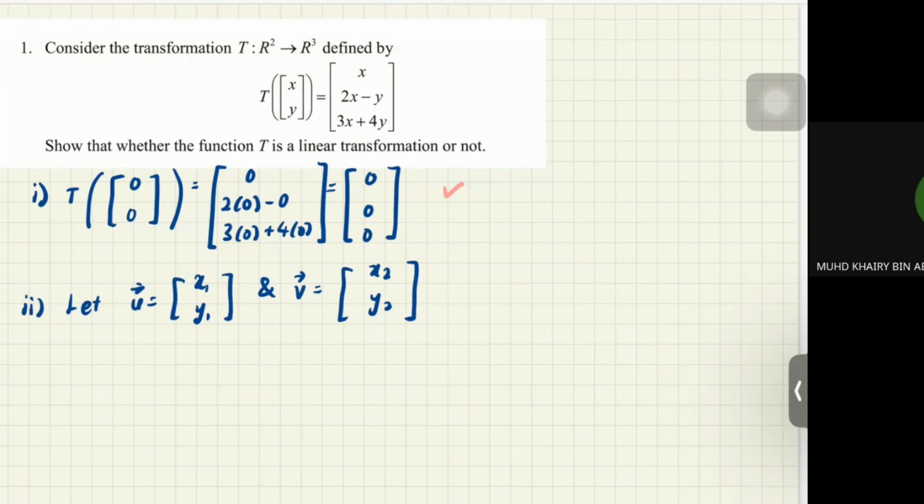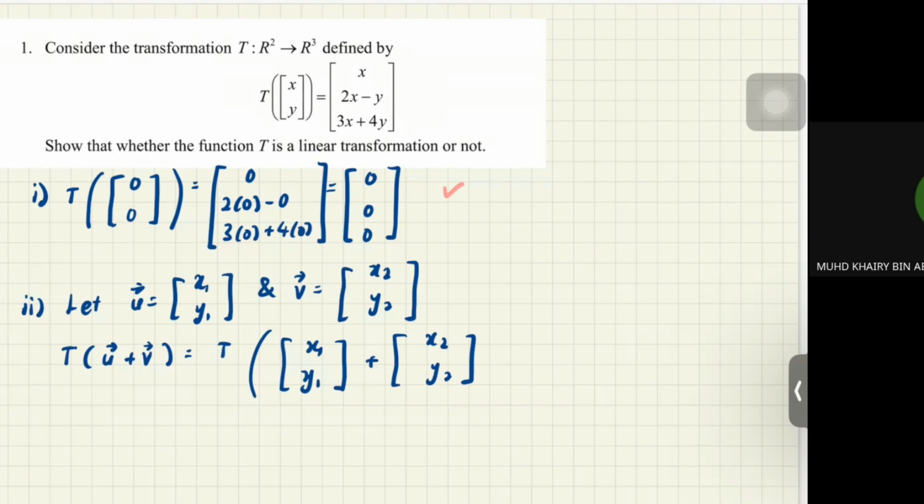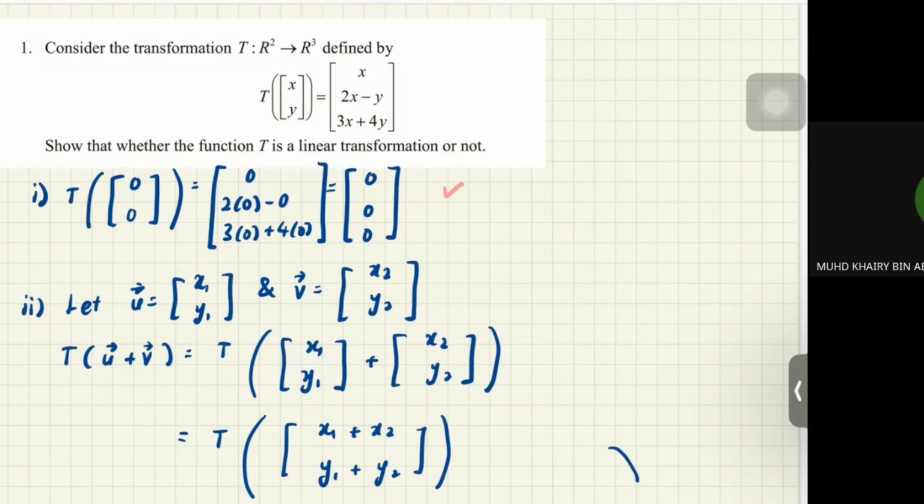Then T(u plus v) is equal to T((x1, y1) plus (x2, y2)). So you can combine this: (x1 plus x2, y1 plus y2). Continue to the next page.